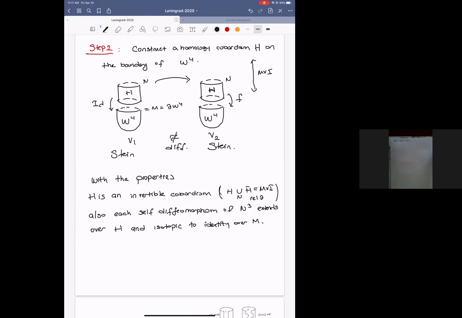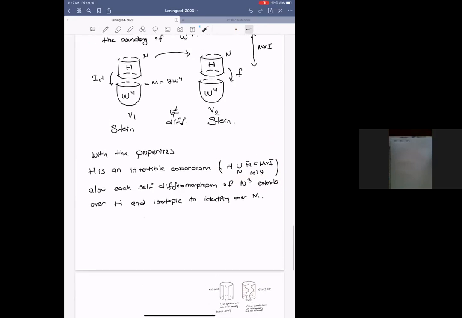That means you are identity at the top, you are F at the bottom, and you have the W4s down. That contradicts that F doesn't extend as a diffeomorphism. So those two pieces are crucial parts. You want this diffeomorphism real boundary, and you want every diffeomorphism of the top to extend over H, which is identity on the top.